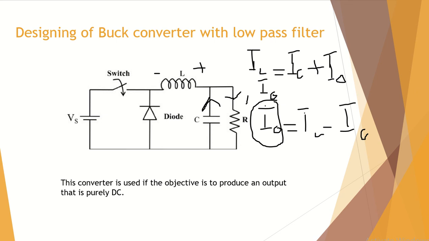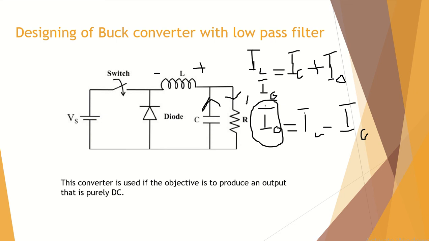Overall, the average value of the capacitor current is 0 and the inductor current is equal to the load current, because we have to maintain a constant current.